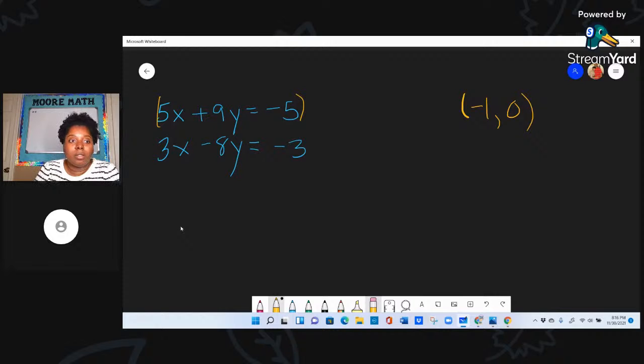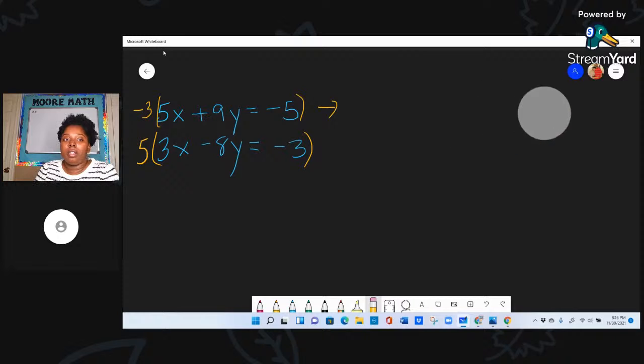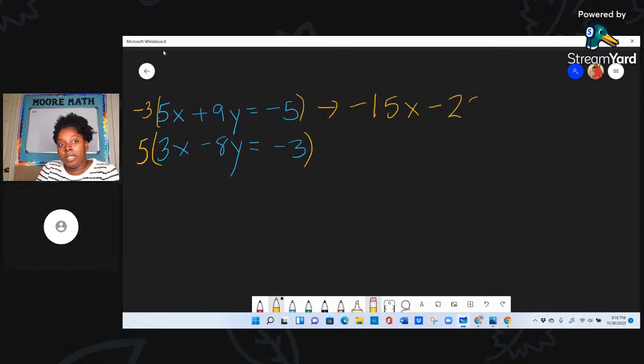The top one was -3 and the bottom one was 5. Good. And I'm glad you did one negative, one positive, because you knew you had to do your opposites. So you would get -15x minus 27y equals 15.